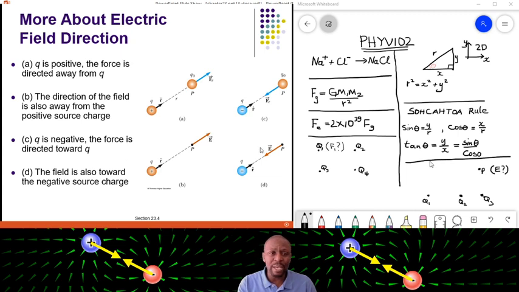Instead, when you have a negative source charge and you have the test charge, the force will always be towards the source charge, as I've already discussed. Now, you have a point P there, and you also want to measure the electric field. The field is always towards the negative source.